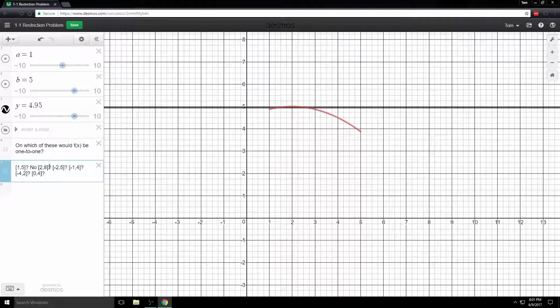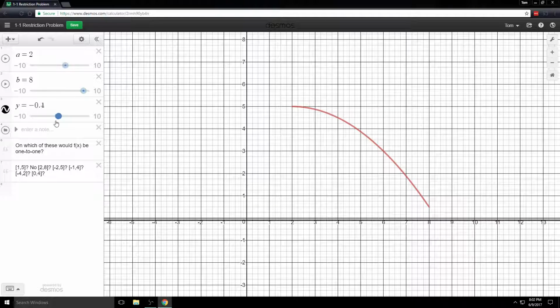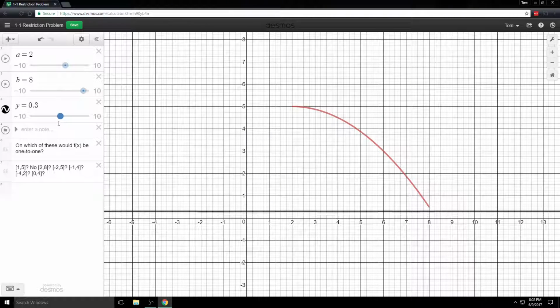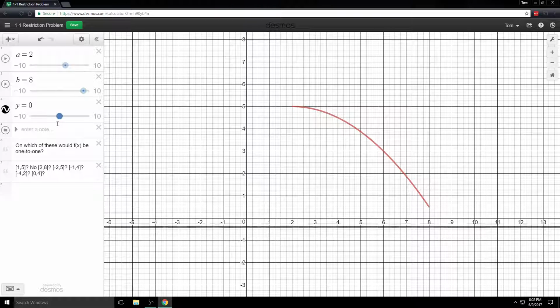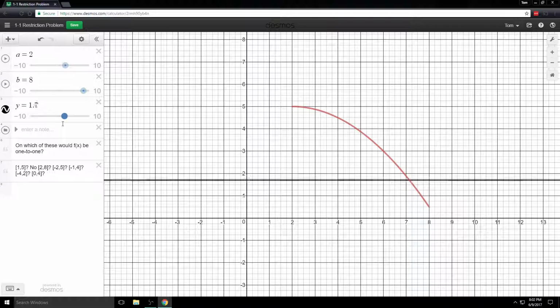All right, let's move on to the next one. And that one is from 2 to 8. So if I restricted it from 2 to 8, and then now thought about the horizontal line test, right? Looked at how horizontal lines intersect the graph. Down here, there's no intersection points, and up here, this is fine, right?